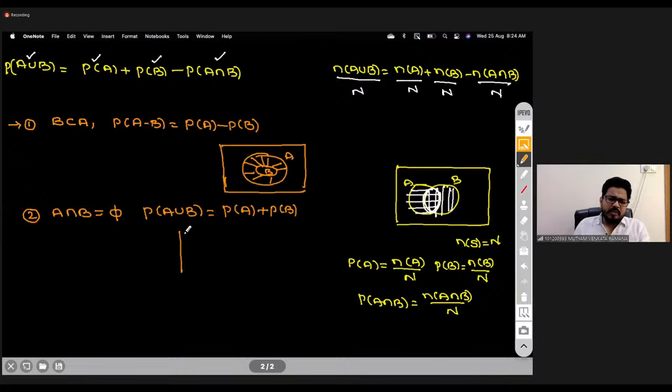For this one, look here. A is here, B is here. They are disjoint sets. A union B means this plus this one only.